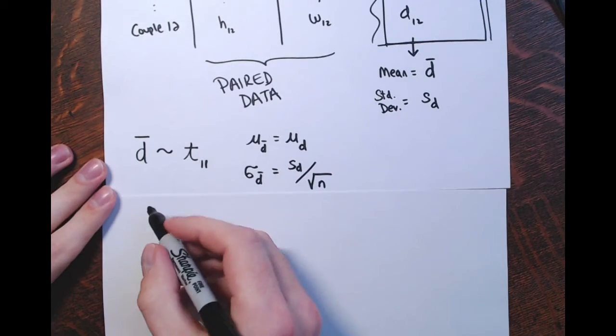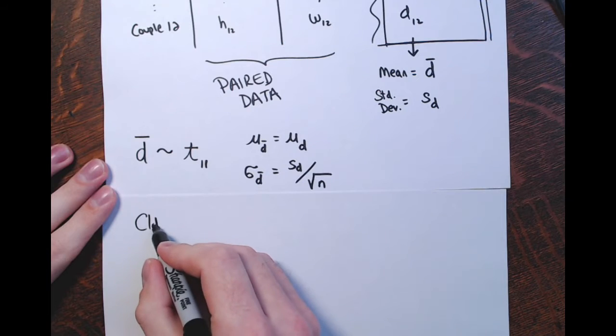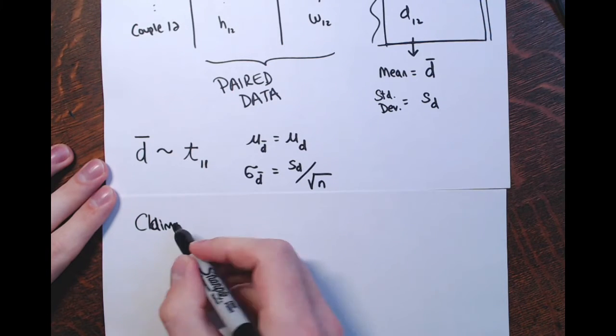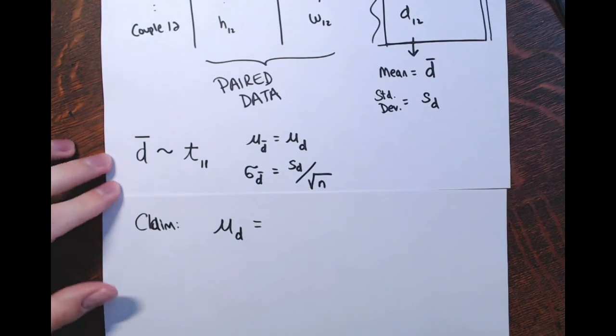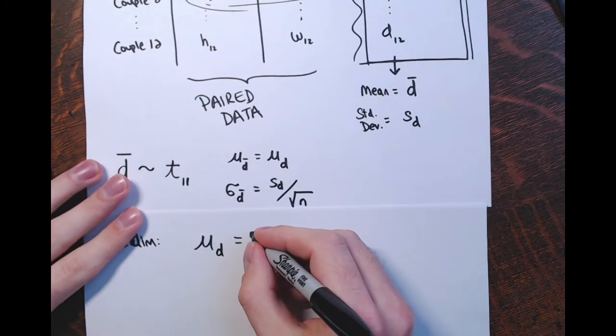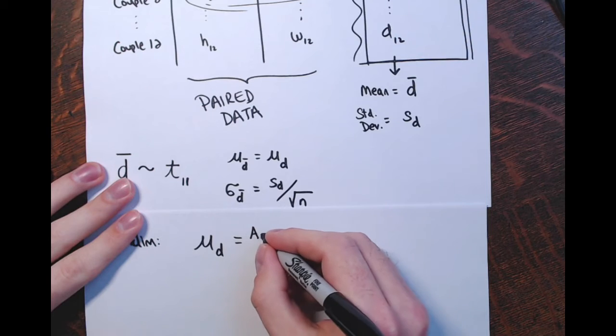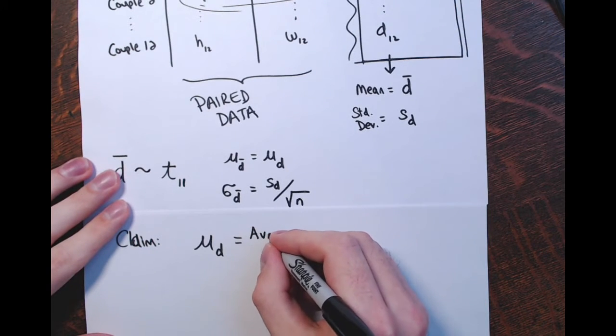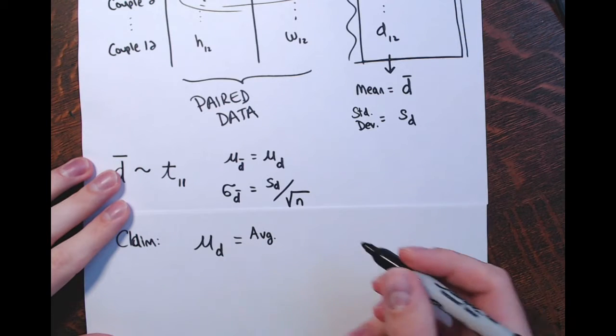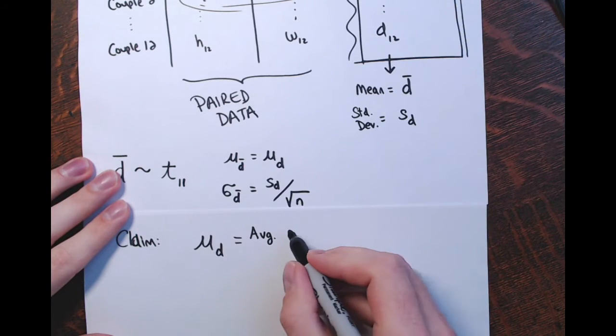So what was this claim? It's about mu d. Now, mu d in this case will be the average difference between husband and wife ages for all couples. This is for the population.